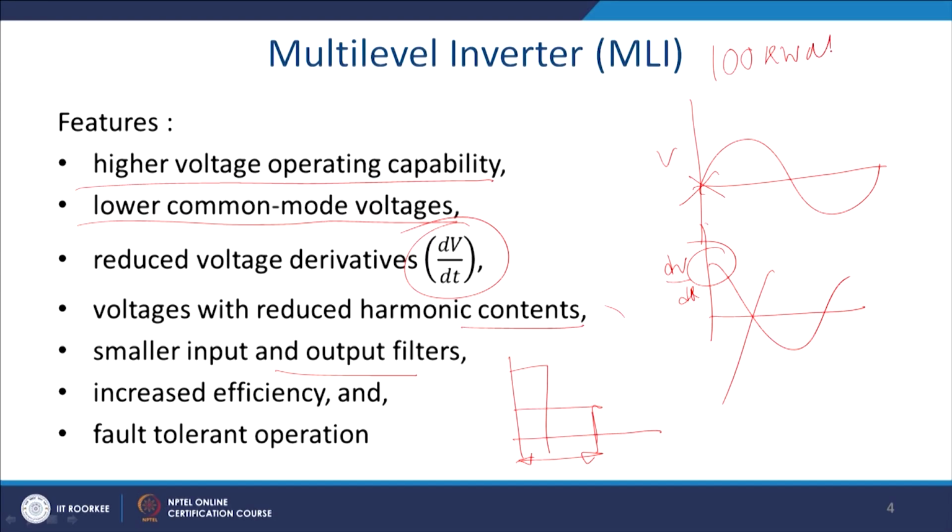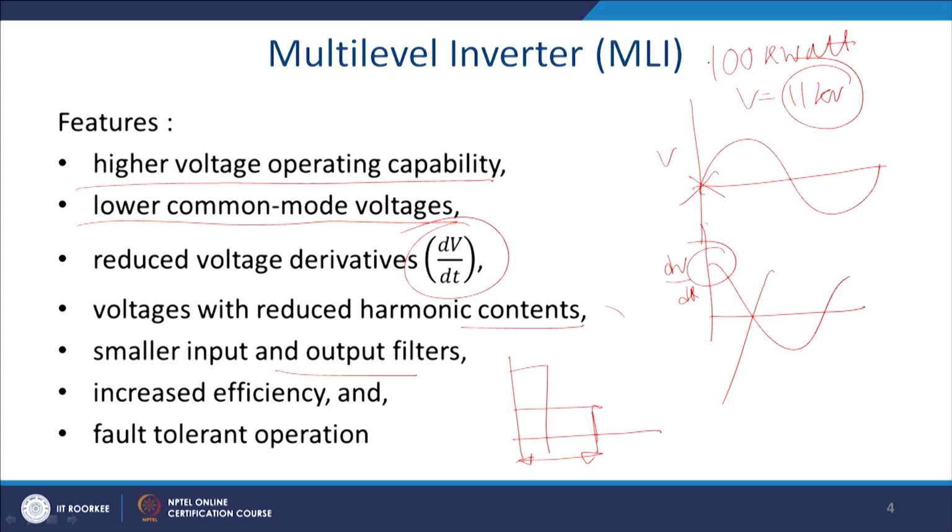But here it is at sub 100 kilowatt or around 100 kilowatt level, and for these drives it is preferred, because if you have a 100 kilowatt motor drive, of course you expect that you will be feeding a voltage in the range of 11 kV, as simple as that.